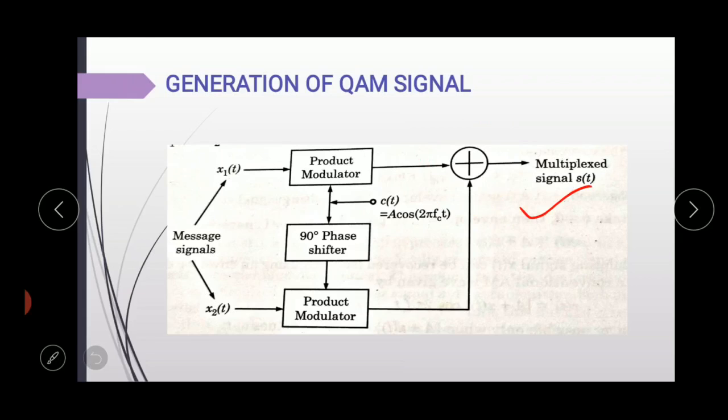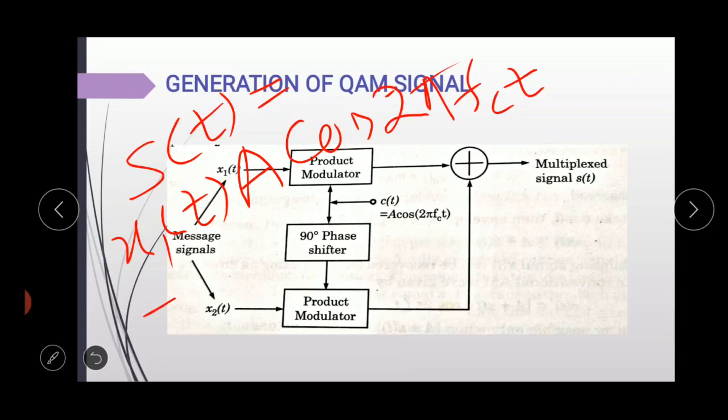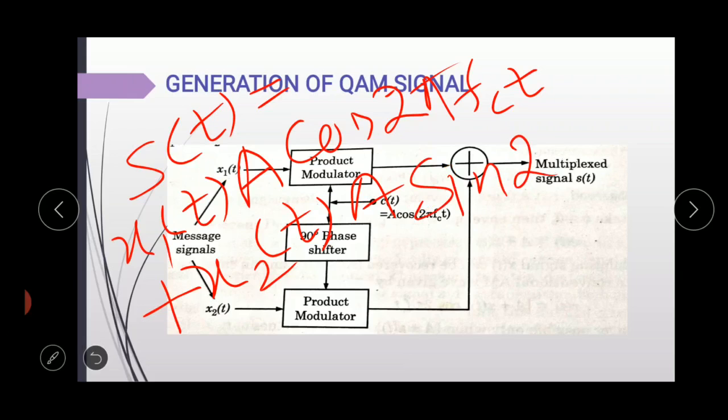The QAM signal is S of t equal to x1 of t into A cos 2 pi fct, plus the output of product modulator 2, that is x2 of t A sin 2 pi fct.